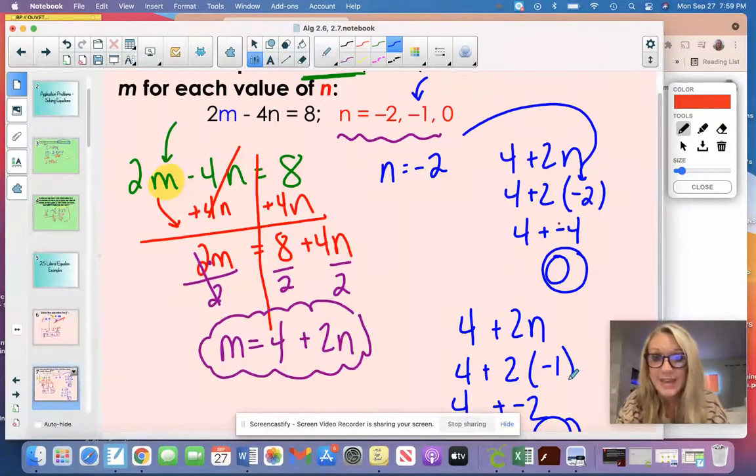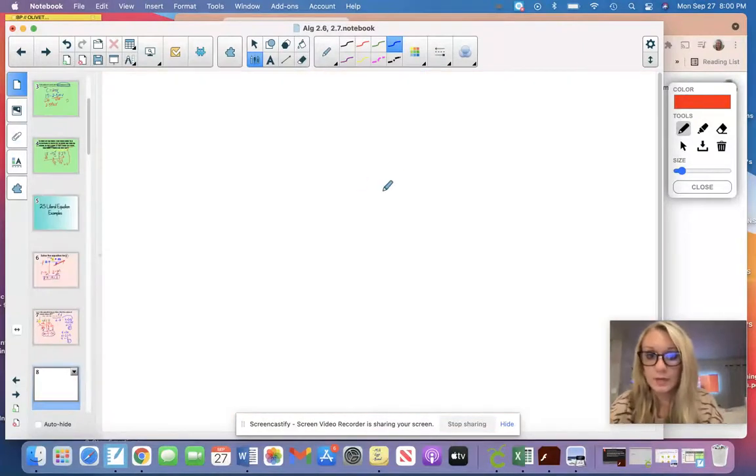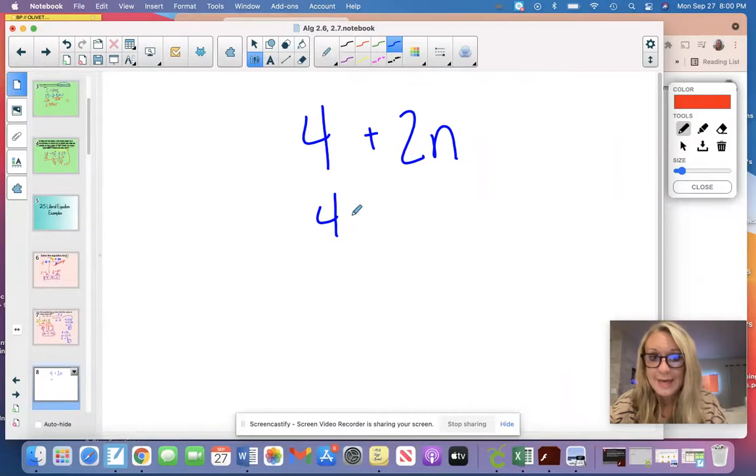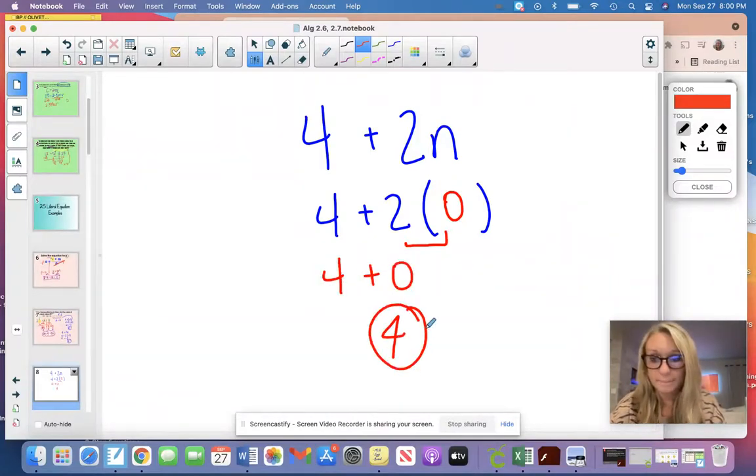Your last one that it's asking for is for you to plug in 0 here. So you still have that 4 plus 2n, and then you're going to replace your variable with the value it asked for. I know that 2 times 0 is 0. 4 plus 0 is just 4.